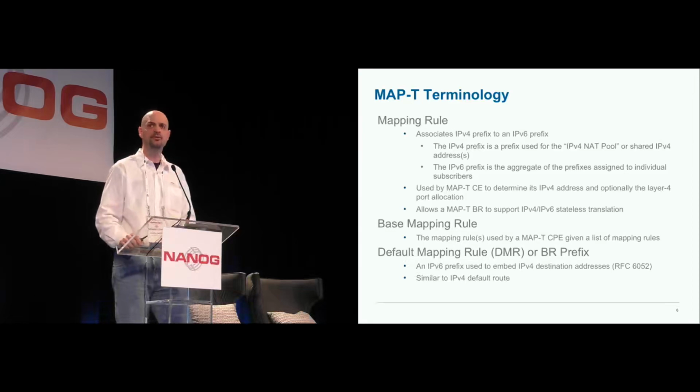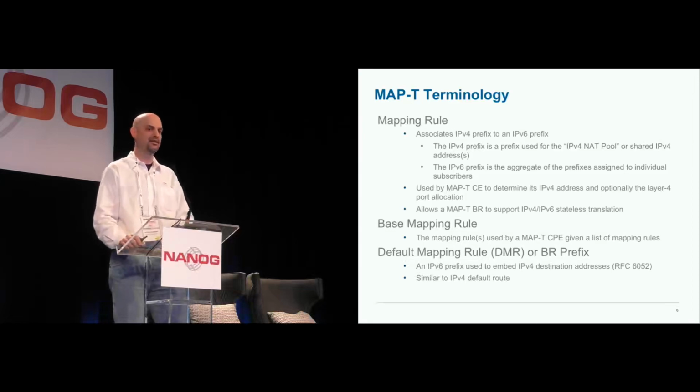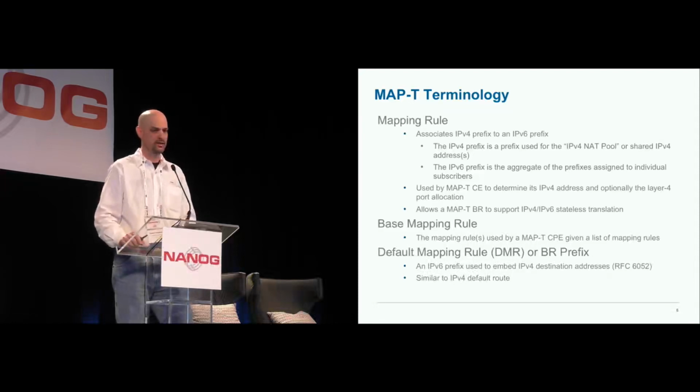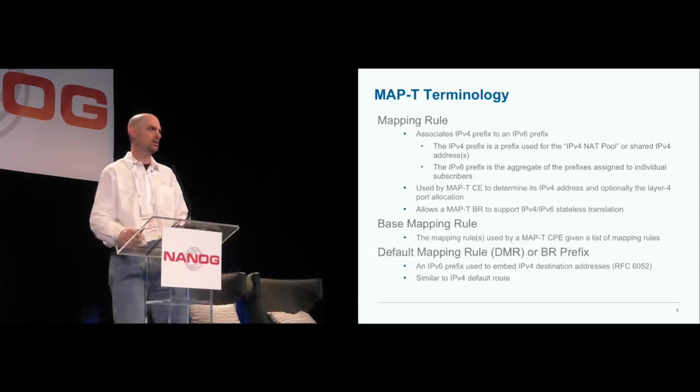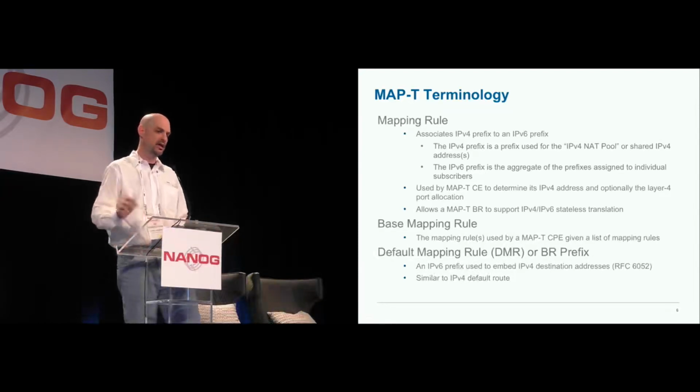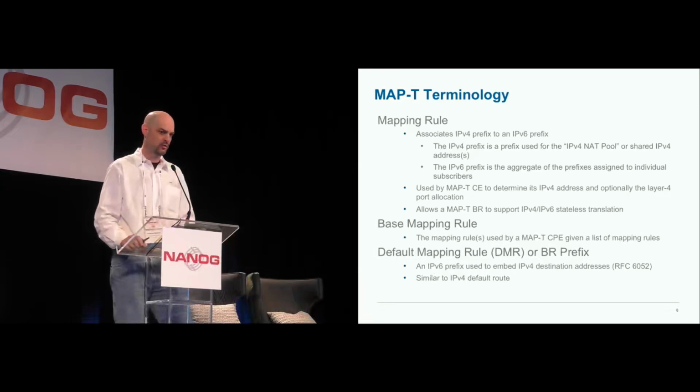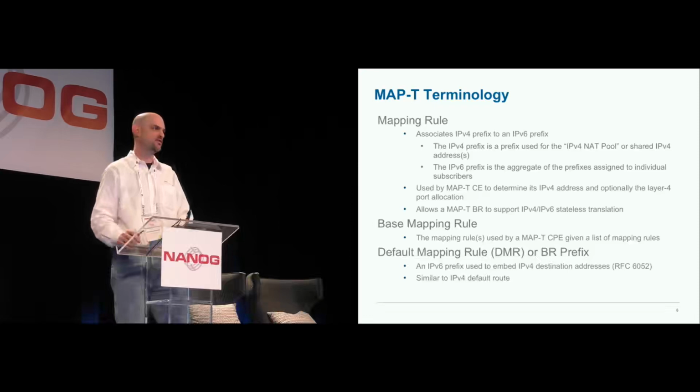The base mapping rule is simply a mechanism to identify the actual mapping rule used by the subscriber gateway given a list of mapping rules. It's a longest match operation, and I'll speak about that a little bit later as well. Default mapping rule is very, very similar to the notion of a default route for MAP-T.